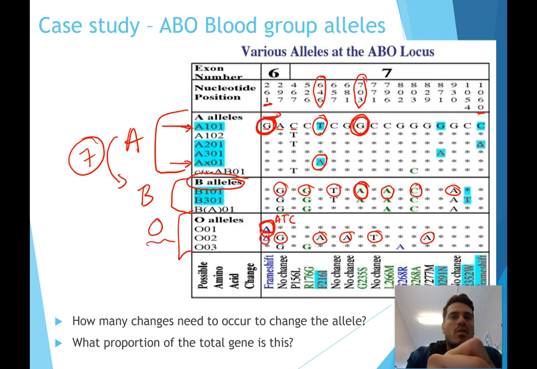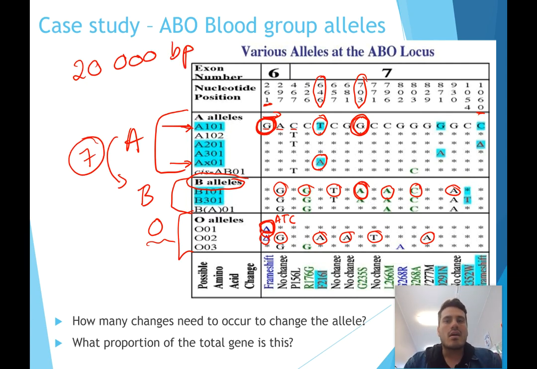We said that the ABO blood group gene is about 20,000 base pairs long. This is only 1, 2, 3, 4, 5, 6, 7, 8, 9, 10, 11, 12, 13, 14, 15, 16, 17 base pairs. We're only talking about 17 base pairs out of that total 20,000.